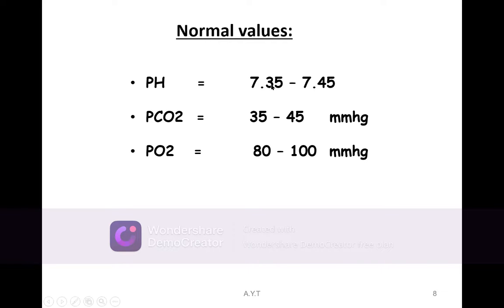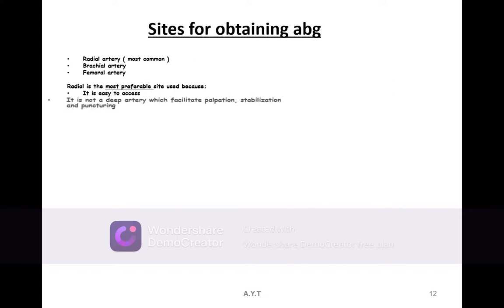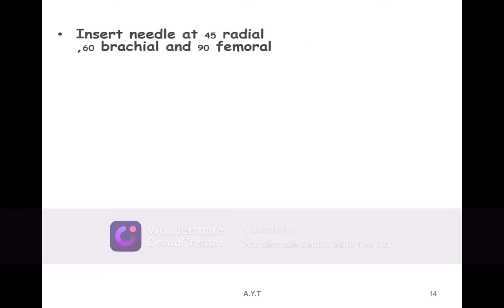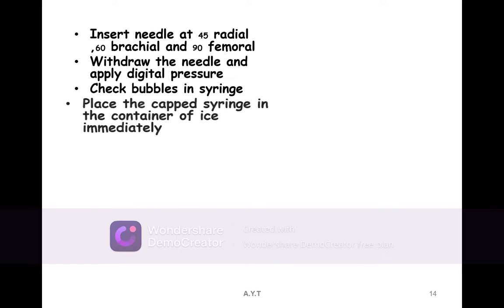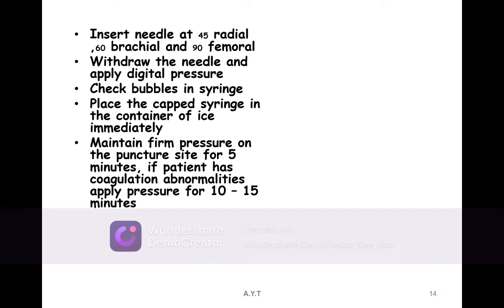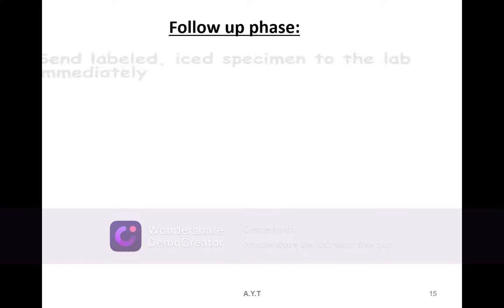If it is 7.28 or 7.30, the body is moving to the acid side. If it is more than 7.45, for example 7.48, you are moving this patient to the alkaline side. Normal is 7.35 to 7.45 according to this lab.